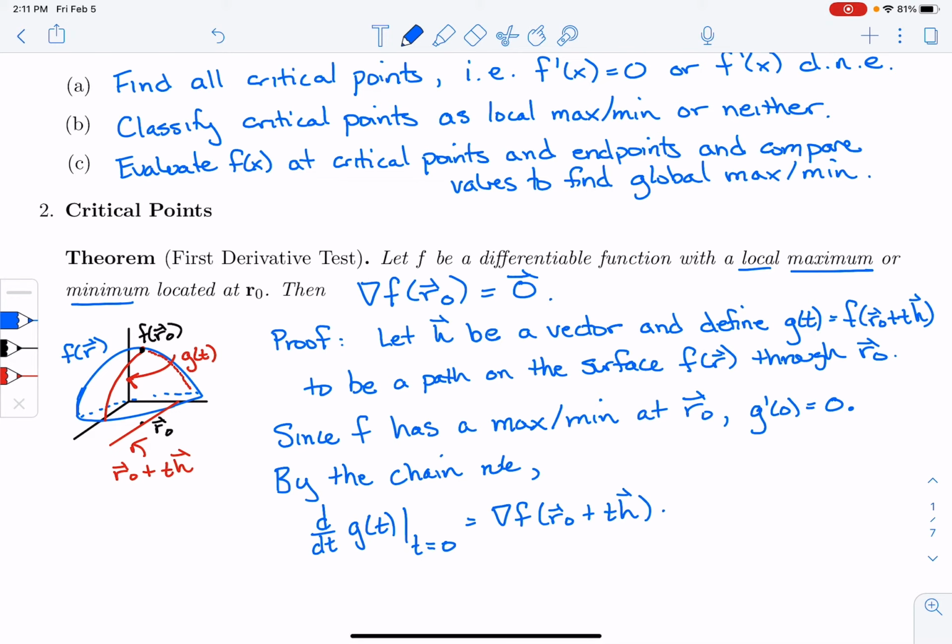The derivative of that is just h. And of course, that's going to equal 0. Okay, that comes from the fact that g prime of 0 is 0.